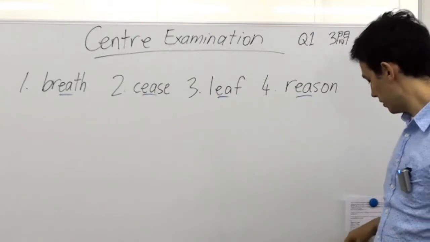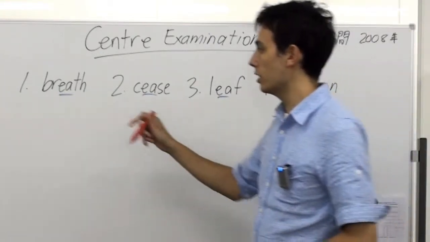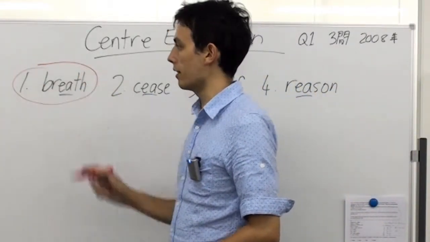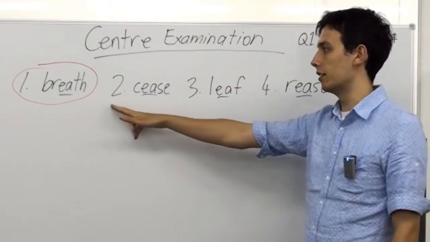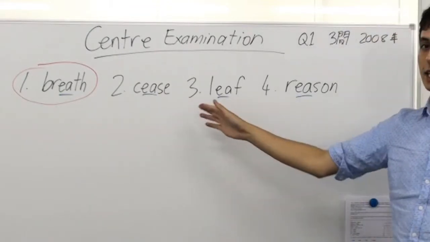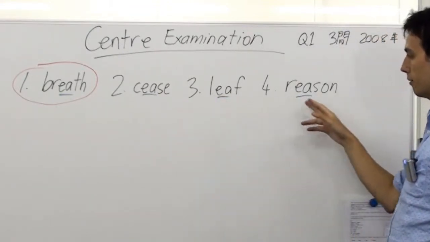Hopefully it was kind of obvious. Number 1 is the correct answer, breath. This just makes a short eh sound. The rest make a long e sound: cease, leaf, reason.